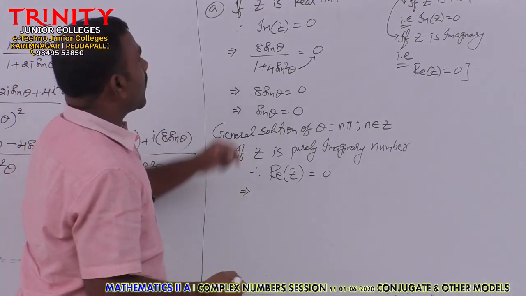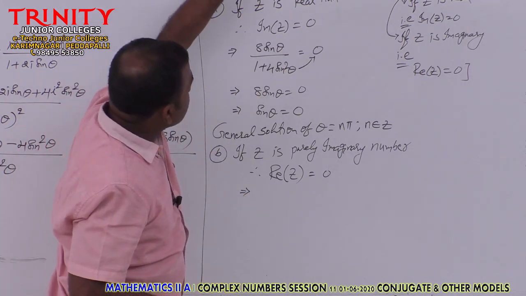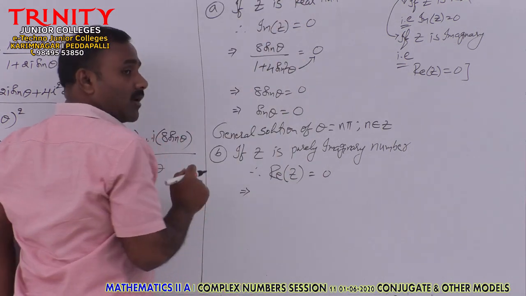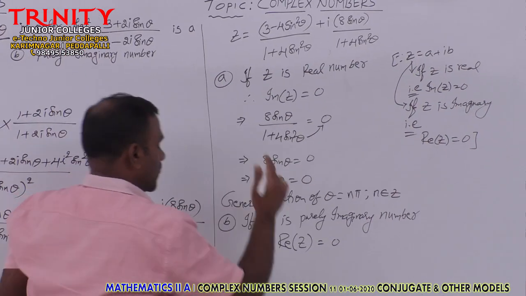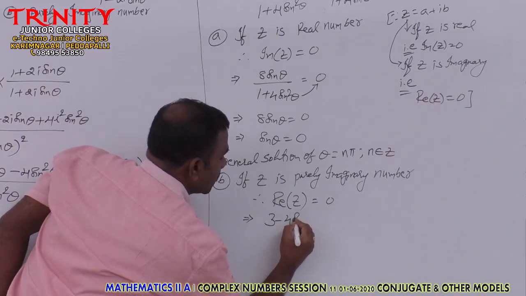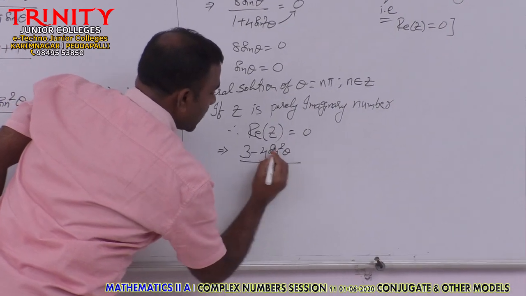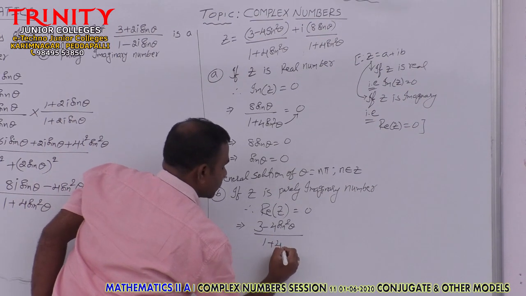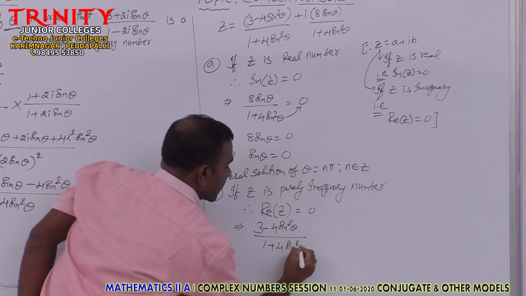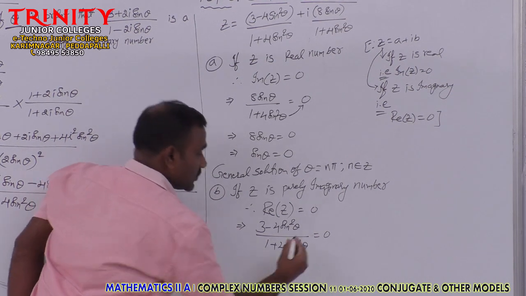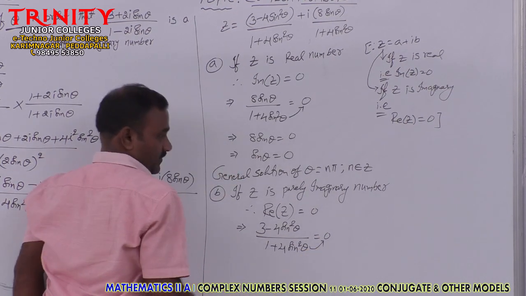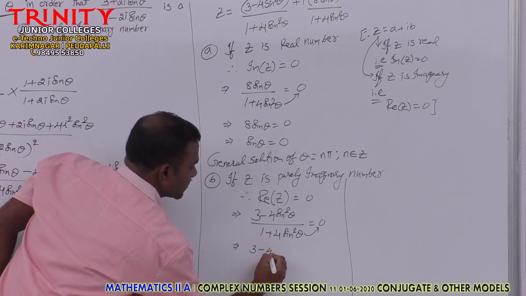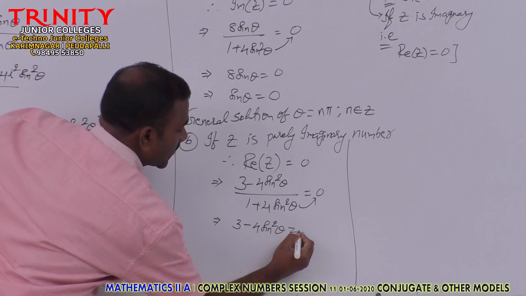What is the real part of this z? This is the real part of the complex number. Real part is 3 minus 4 sine square theta by 1 plus 4 sine square theta is equal to 0. Cross multiplication: 3 minus 4 sine square theta equal to 0.